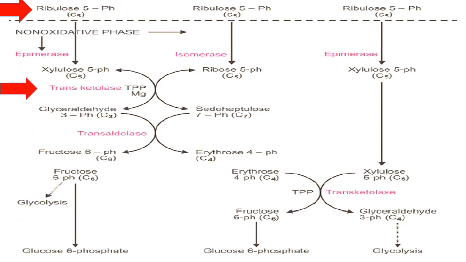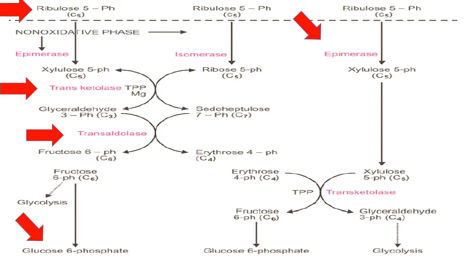In the next step, xylulose 5 phosphate is converted into glyceraldehyde 3 phosphate by transketolase enzyme. Next, glyceraldehyde 3 phosphate is converted into fructose 6 phosphate by transaldolase enzyme. Fructose 6 phosphate is further utilized through glycolysis for the production of energy, or it can be converted back into glucose 6 phosphate.